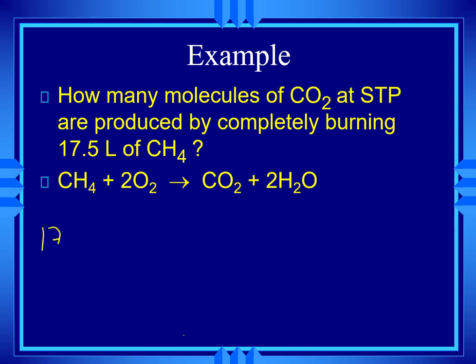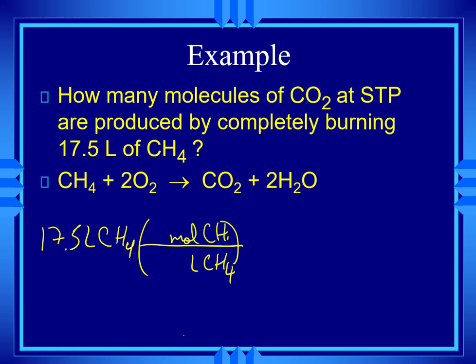Well, we're going to start off with the 17.5 liters of CH4. The unit I want to get rid of is liters of CH4. Liters of CH4 I can turn into moles of CH4. 1 mole is 22.42 liters.